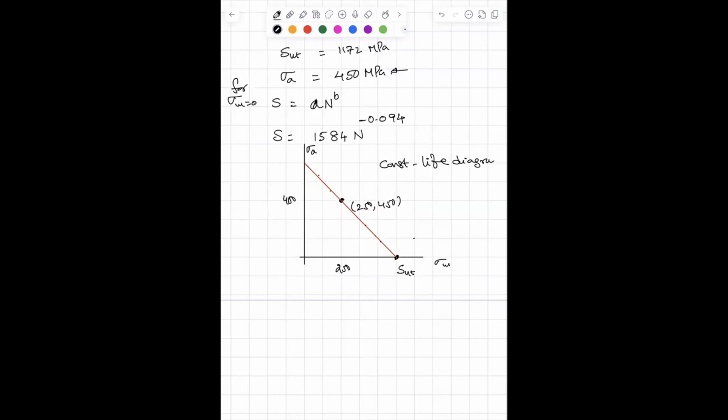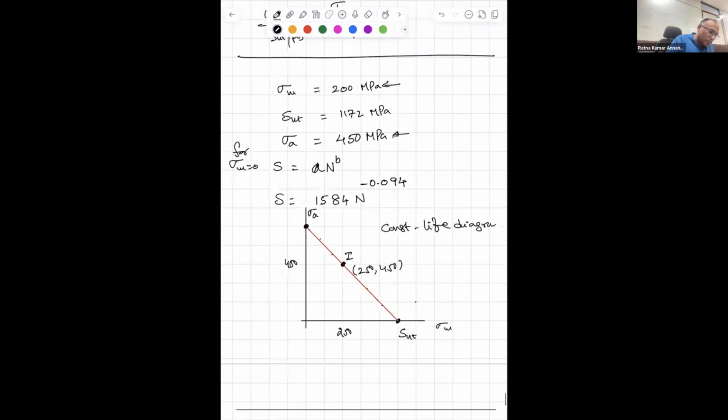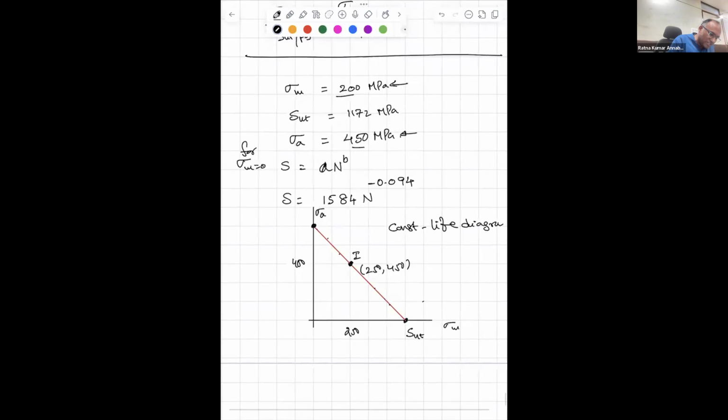Which means this point and this point will have the same life. Let us say this is point 1, where the actual scenario of the 200 and 450 combination is there.